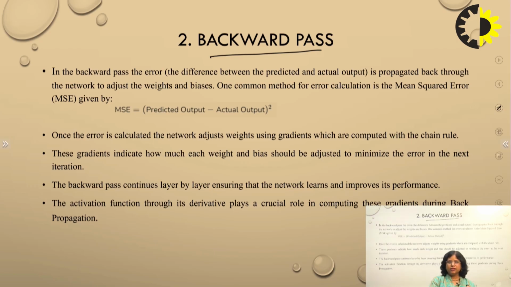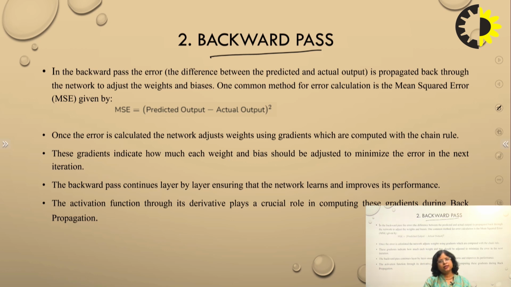First we calculate the error. The error made by our neural network can be calculated using the MSE, mean squared error.